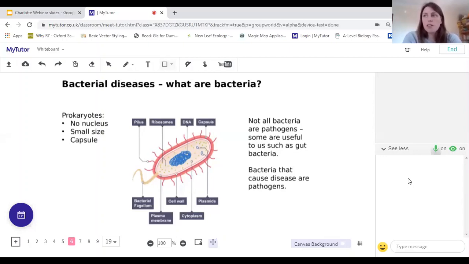But our bodies, just from the outside, are very good at preventing disease. So, for example, our skin is a really good barrier for preventing pathogens getting into our blood, into the rest of our bodies. Our skin is really well designed for that, just by being skin.